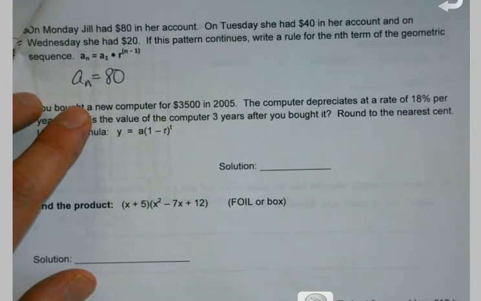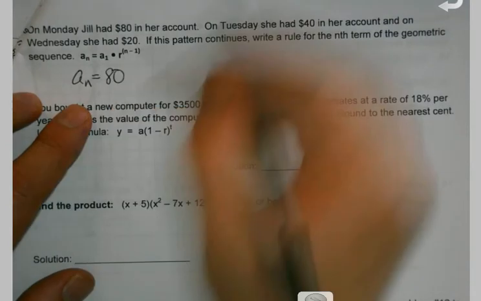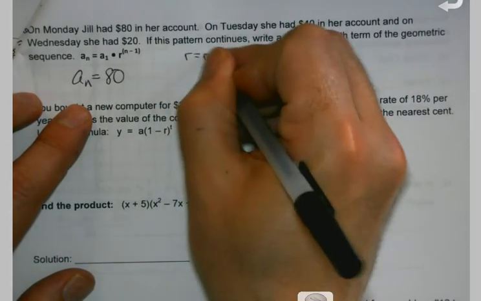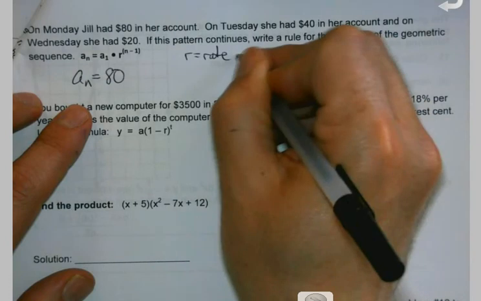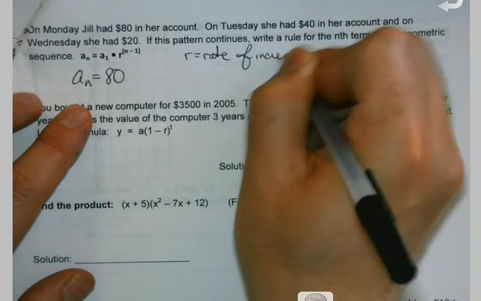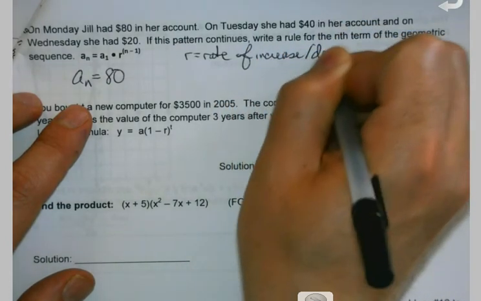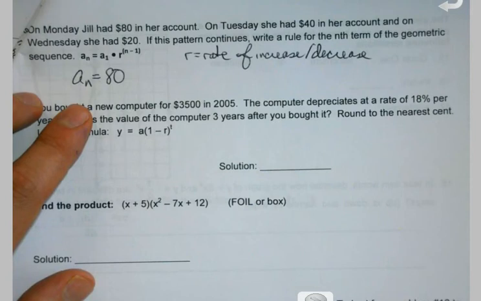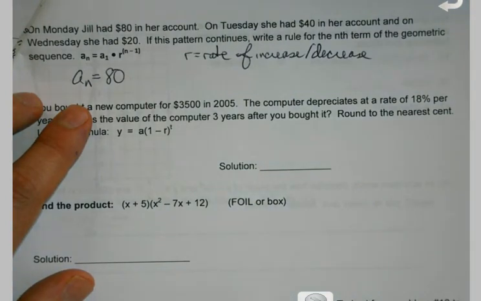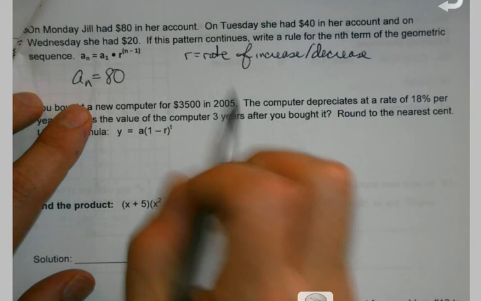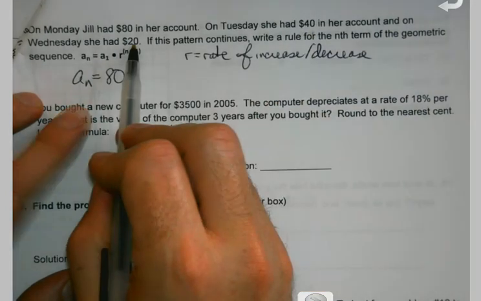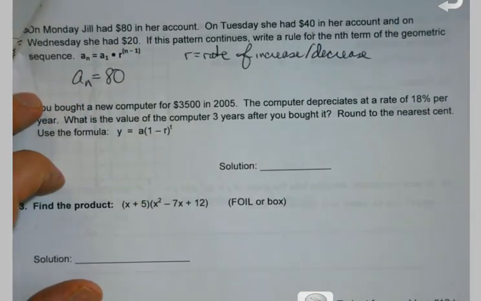Wait, why is it n more? I'll explain that part in just a second here. Now, R is going to be your rate of increase or decrease. And that's the thing that's interesting, because you're like, well, the first day it looks like it went down 40, then went down 20, so it's not like a specific number, and that's true.